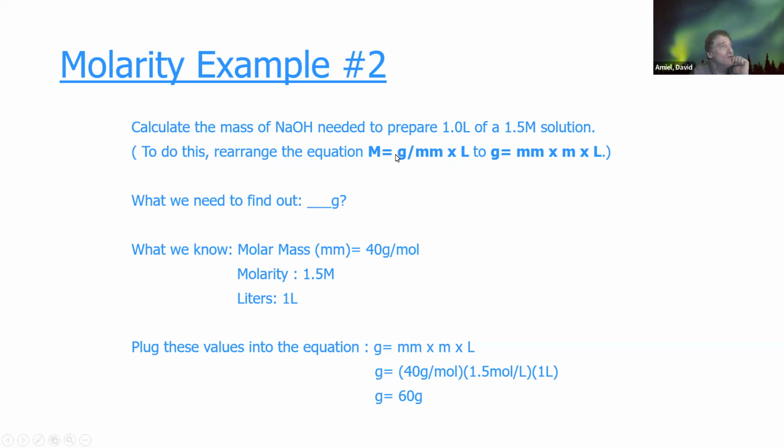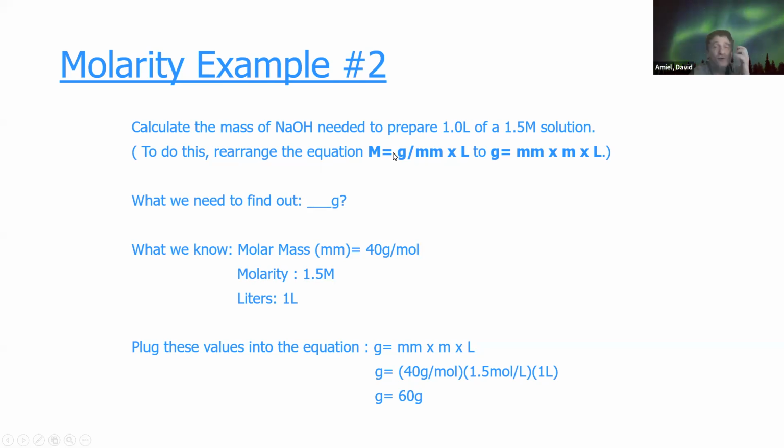Molarity equals grams divided by the molar mass times liters. And we look at the problem and it says calculate the mass. So we are looking for G. Does everyone see that? We fit the missing variable into what we need, and we see that we're missing G.